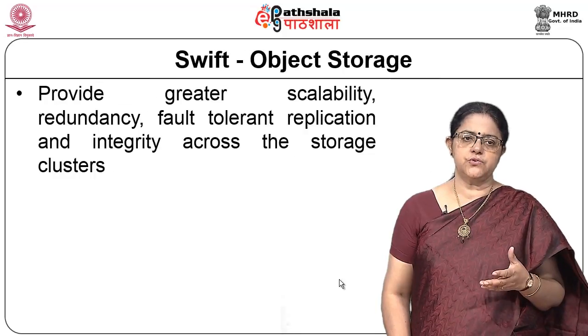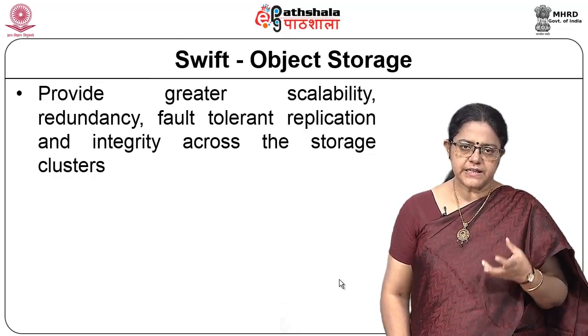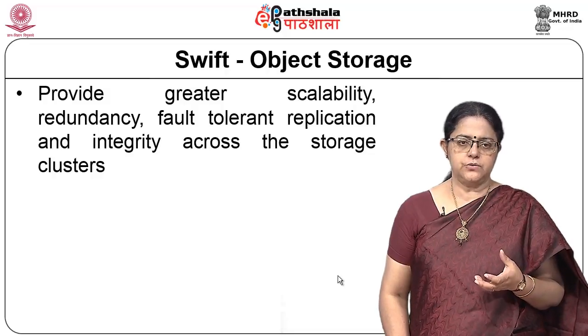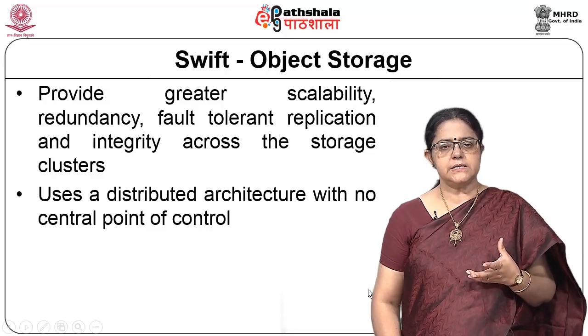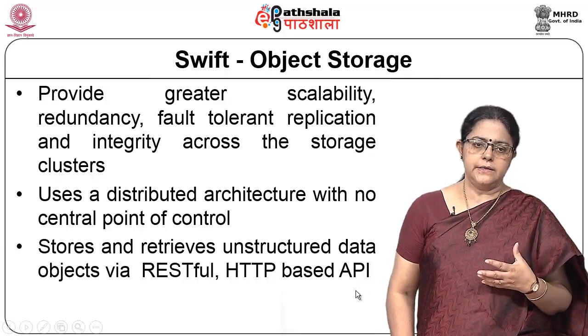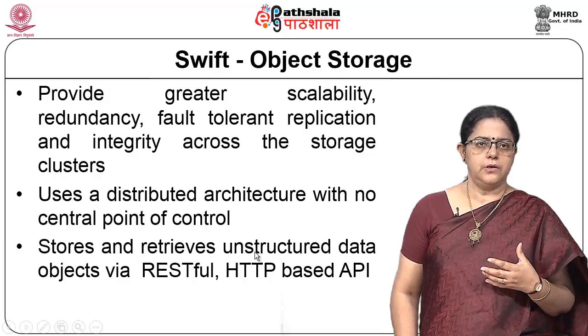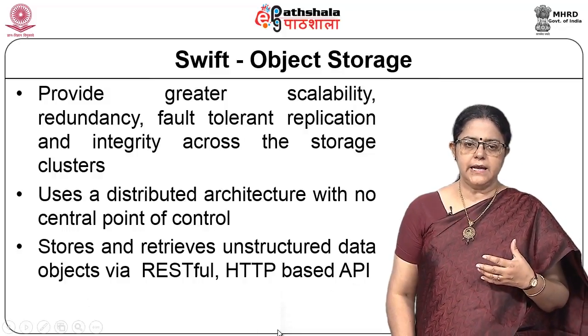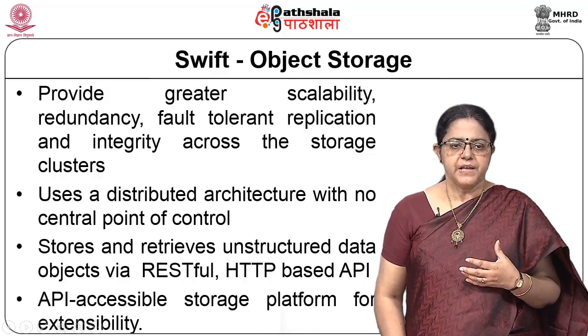Swift is the object store. This is the object level storage that we are talking about. This uses the distributed architecture. There is no central point of control, and it uses a RESTful architecture based on HTTP based API.